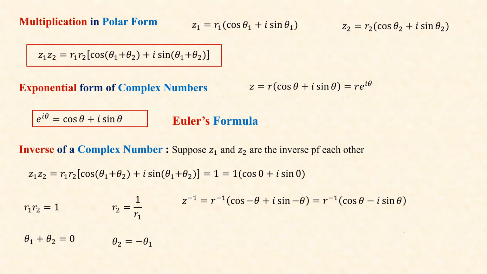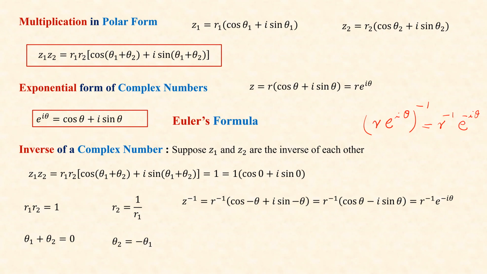And again, if you look at it in exponential form, this has negative theta as an argument, so it becomes R inverse times e to the negative I theta. This is the same as looking at R e to the I theta and then raising it to the power negative 1. It becomes R inverse times e to the power negative I theta, right?